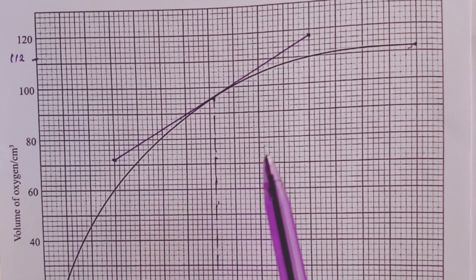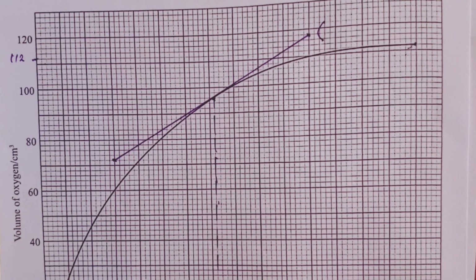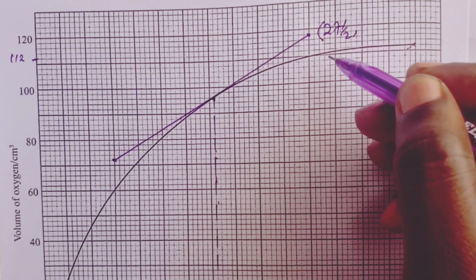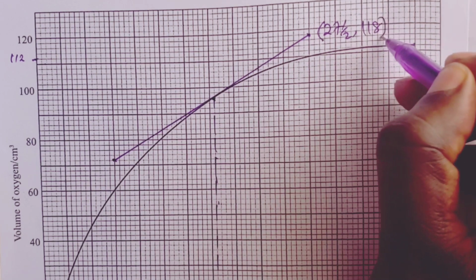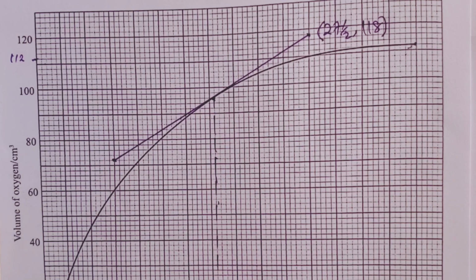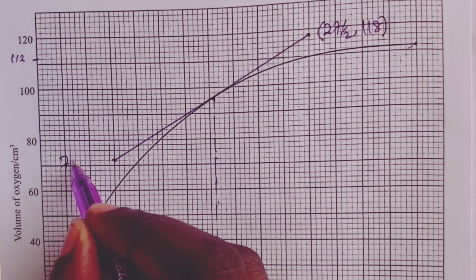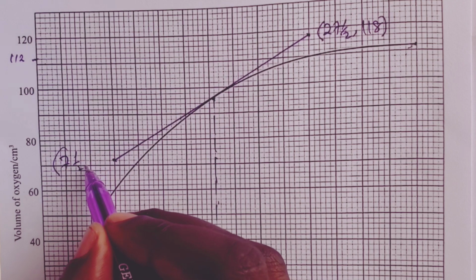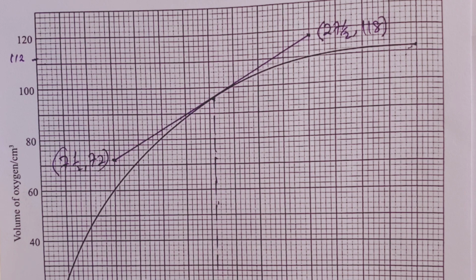And according to my tangent, we have a point here which is 27 and a half by about 118. Of course, when you do yours, you'll get different coordinates. Then here, I have about 7 and a half for the x and around 72 for the y. So armed with these two coordinates, we can easily get the rate of change.